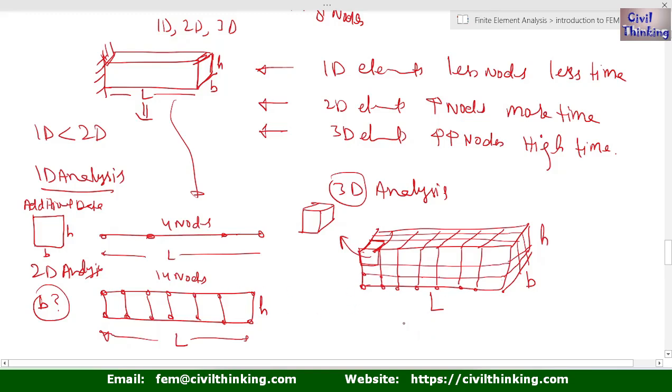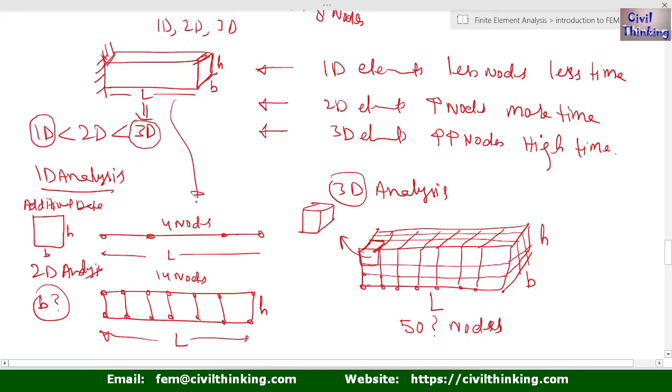For example, let me guess, maybe 50. I didn't count, this is just for example. So with 50 nodes or more, we have to calculate the results on more nodes, right? So of course it will take more time. So the least amount of time is taken by 1D and the highest is taken by 3D.